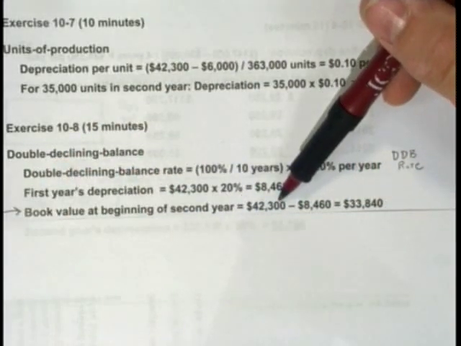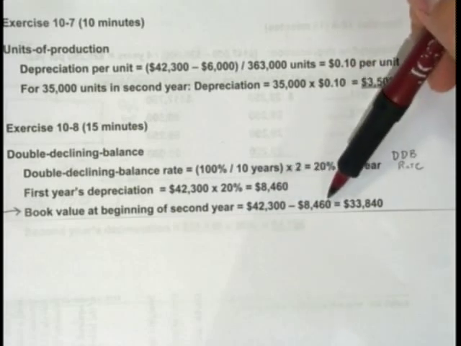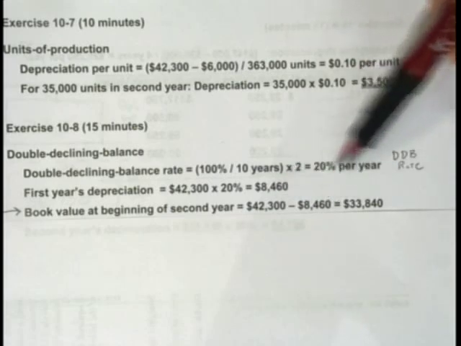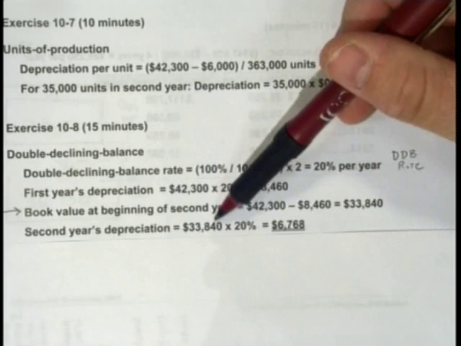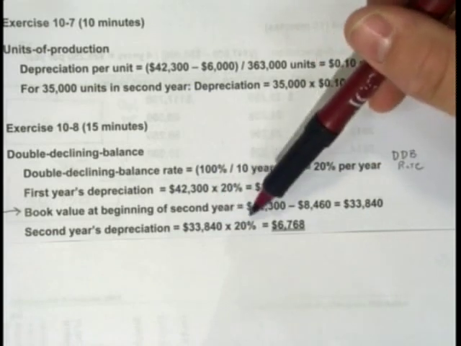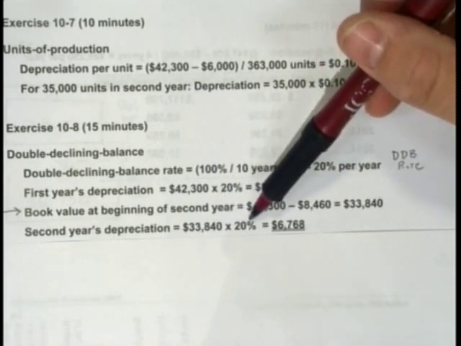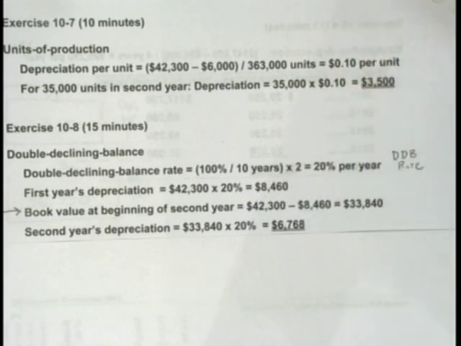Well, it's the cost of $42,300 minus the accumulated depreciation we've taken, $8,460, which is $33,840, right? And then for the second year, we take that beginning of the year book value of $33,840 times the double declining balance rate of 20%, and we get $6,768. Cool? You with me?